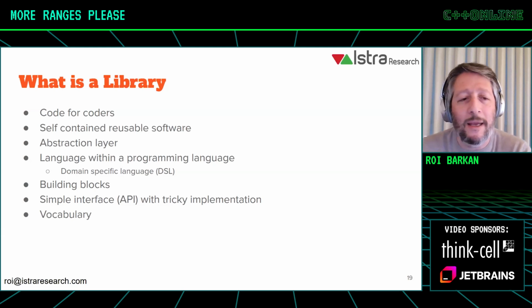And lastly, when people think about a library, not even in the programming language sense, they think about words, concepts, vocabulary, new terms that once they are aware of them, enter their language and they can start working with them just like anything else. So that's what I think about when I think what a library is and what the ranges library is.